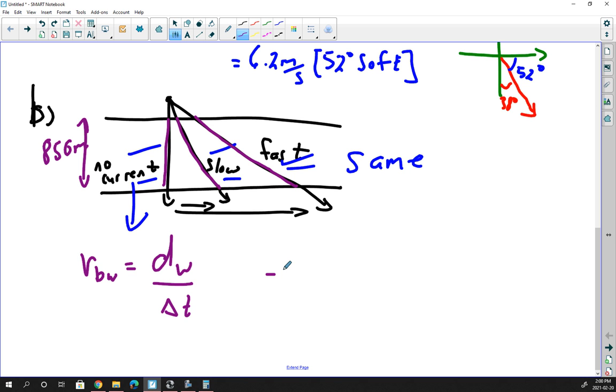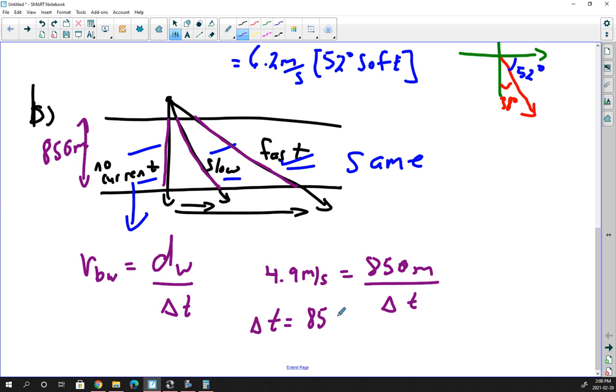Well, we know that just pushing yourself through the water is 4.9 meters per second. I'm not even going to worry about direction here. There's no current, so let's keep this really simple. That's 850 meters. And that's your equation with the substitution. And you want to calculate this. So your time just becomes 850 meters divided by 4.9 meters per second.